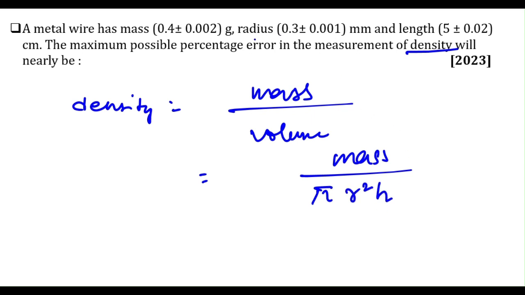So this is radius, this is length. r is given here, h is given here, and this mass is given here. But they have some errors.